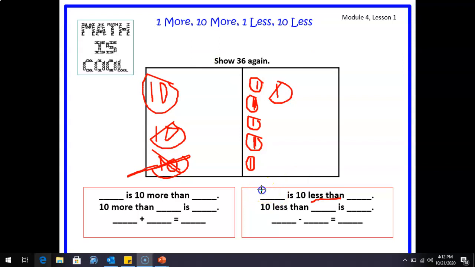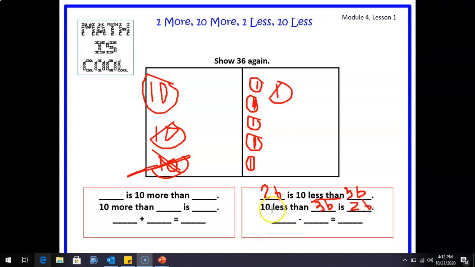So I can say 26 is 10 less than 36. Boys and girls, I took away 10. Another way I can say it is 10 less than 36 is 26.